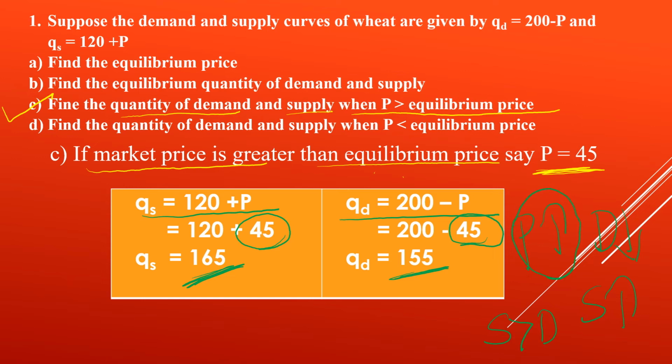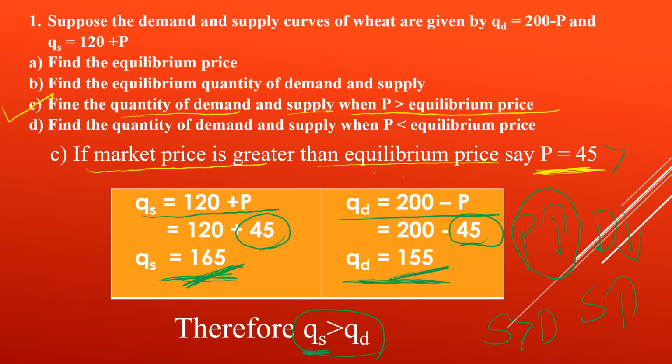Therefore, the quantity supplied is greater than quantity demanded when price is greater than equilibrium price, that is 40.